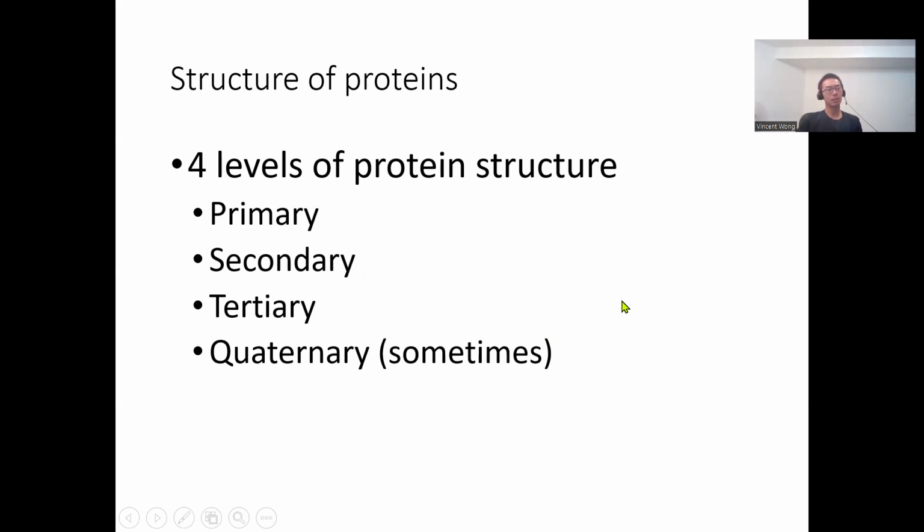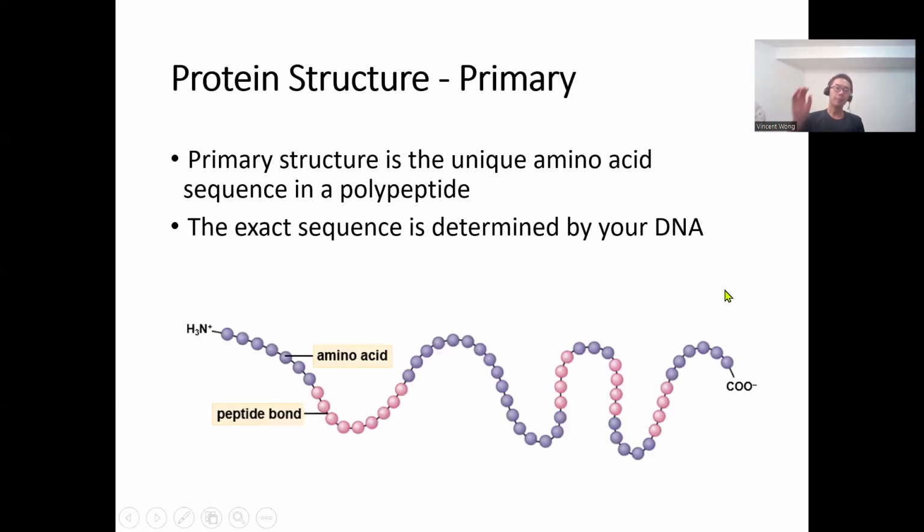So let's learn about primary. The primary structure is referring to the unique amino acid sequence in the chain. Each of these circles represents an amino acid.